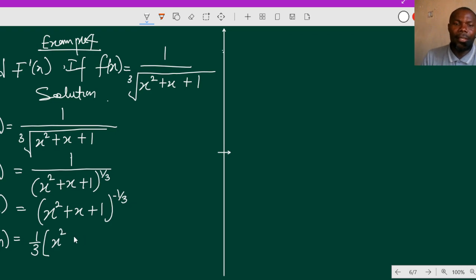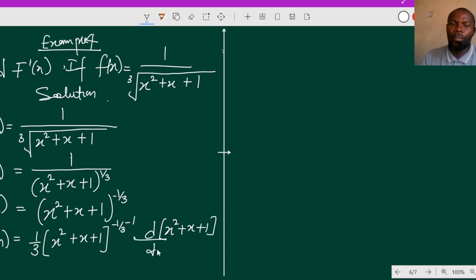You will write the g of x minus 1 over 3 minus 1 dot the derivative of the exact value with respect to x.